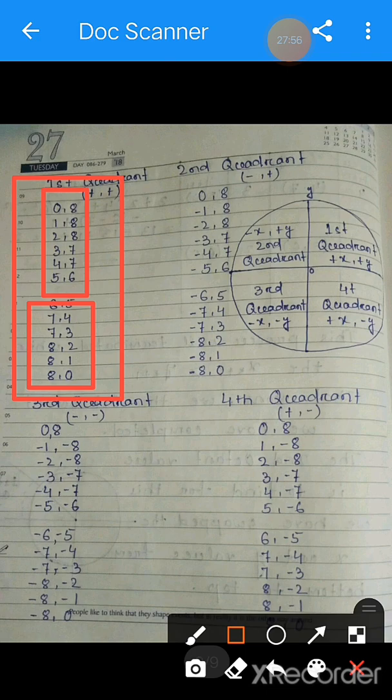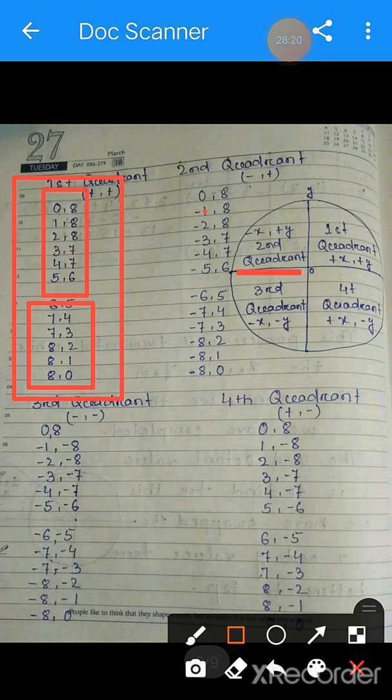When we find the second quadrant, the values are the same, but the sign changes. The symbol changes, which means in the second quadrant the x value is minus, since it is less than 0, and the y value stays as usual.